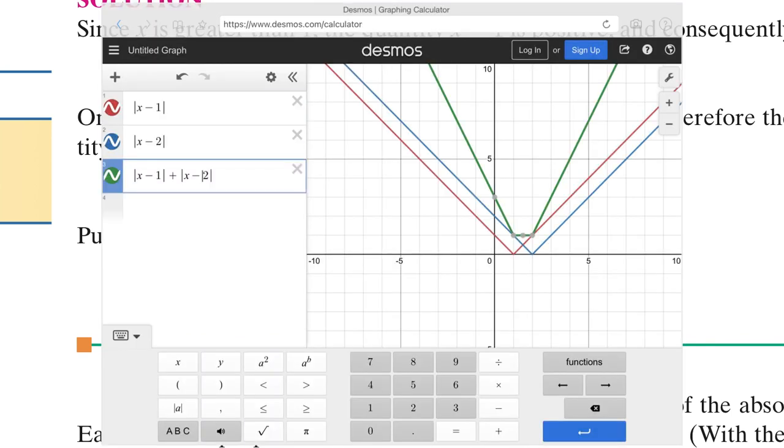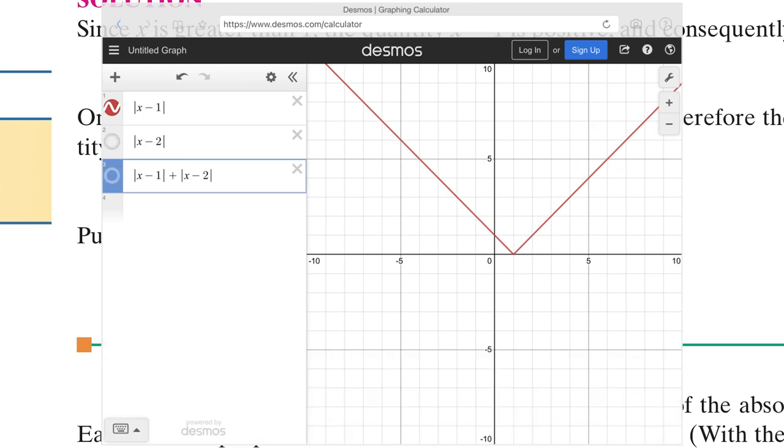And what I want to do for a moment is show you, I like to use Desmos here as a graphing calculator. What I did is I entered the 3 different expressions that we got, and I'm going to go one by one here. First off, we have the absolute value of x minus 1. This produces this V-shaped graph.